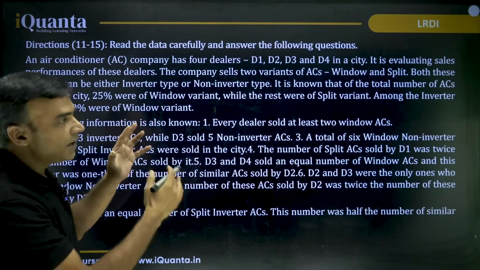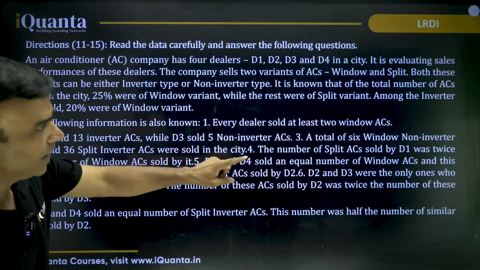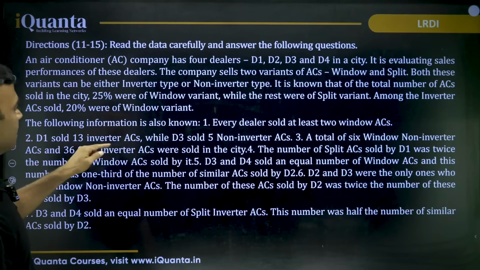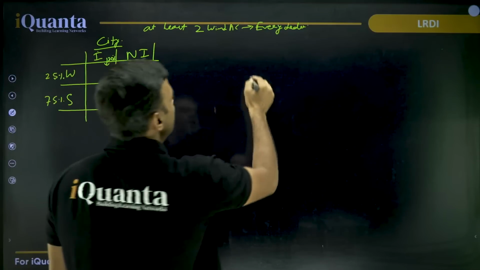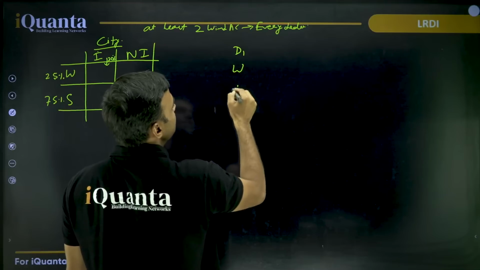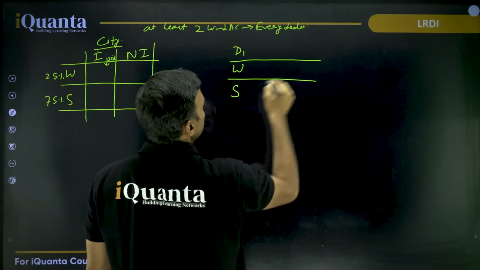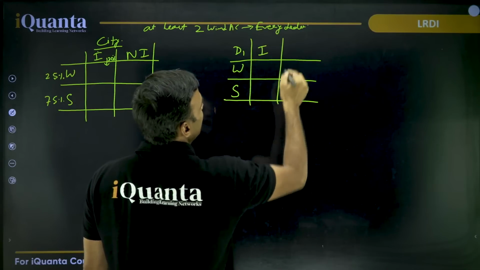It is not that we are drawing everything in one go. Whatever is clear, we are putting it. Okay, next one. D1 sold 13. So now this is specific information about every dealer. So we go back and create a similar table for, let's say, D1. So window, split, and we have inverter and non-inverter.